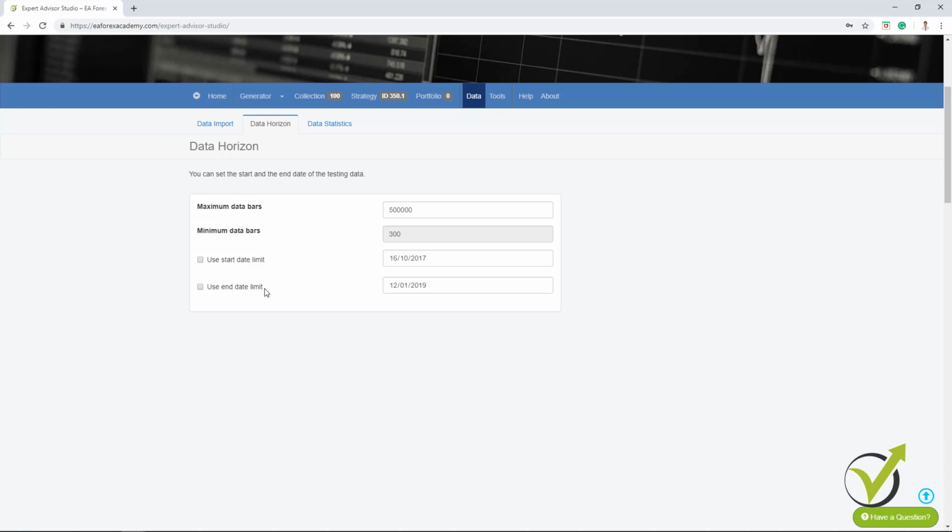So what this means is that now I will see what is the result with these 23 strategies left in the collection, including the last 1 month, from 12th of January 2019 till today, 12th of February 2019. Basically, I will do the very same thing as if I had placed these strategies 1 month ago.